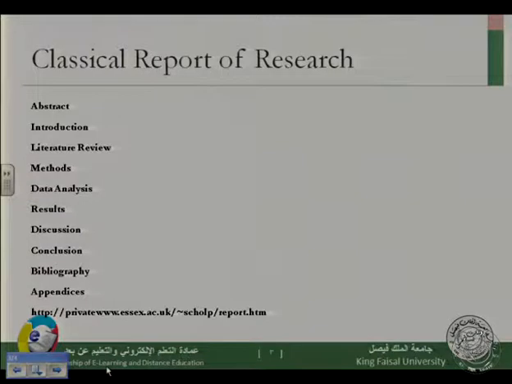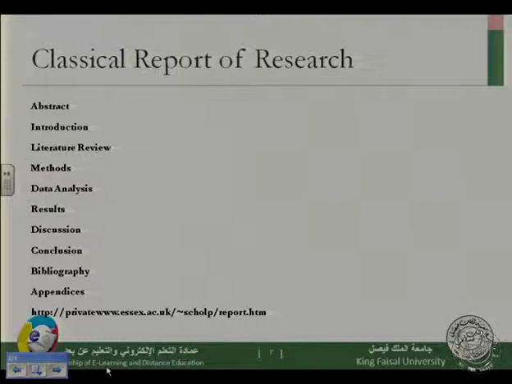So these 10 items, or 10 topics, or 10 pieces of structure, are the traditional way of presenting research.